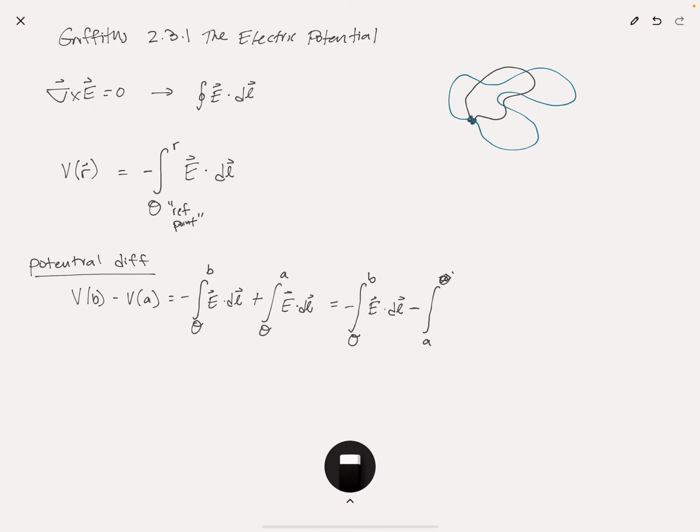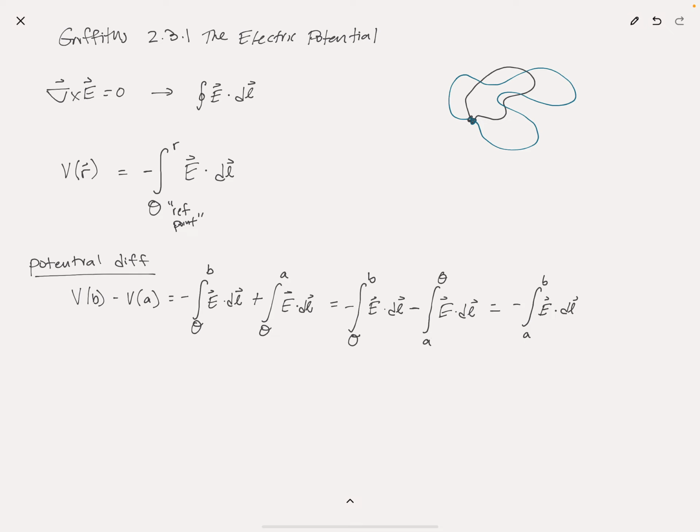Let me write that more clearly. All right, but now the top and the bottom integrands of these two integrals are the same. So I can combine them into one single integral, which is minus E dot dl from A to B.